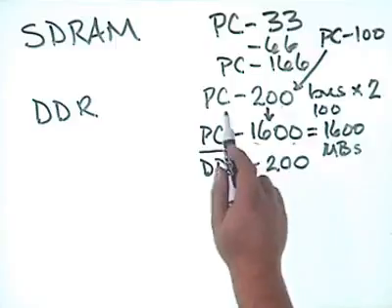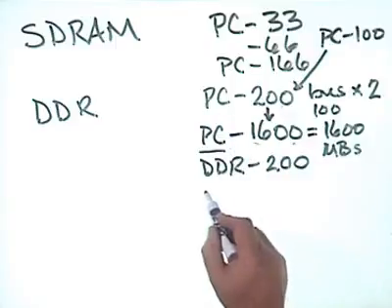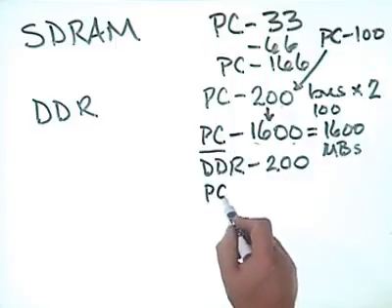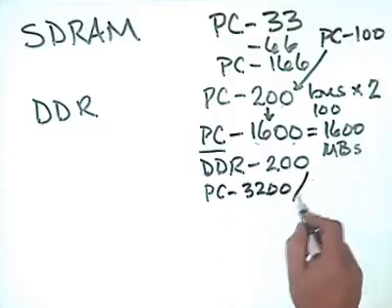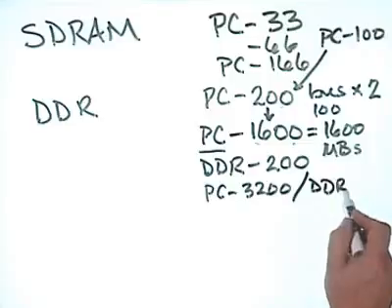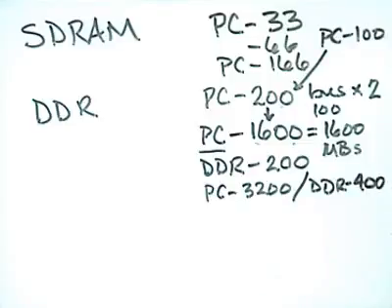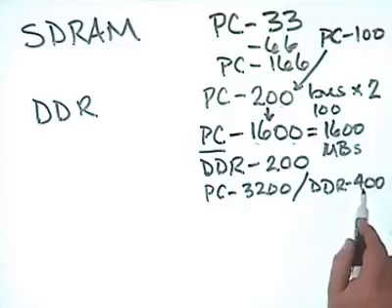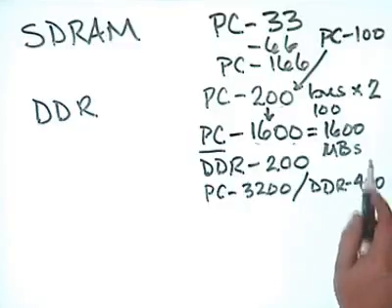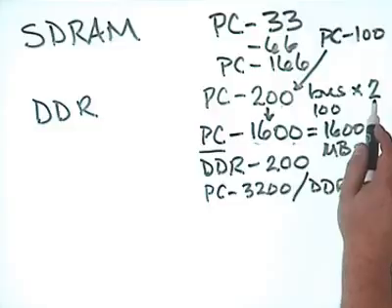Newer memory modules will not use this older style, so for instance, you may see a PC 3200 memory module, which also has a designation of DDR 400. Again, 3200 identifying the bandwidth, whereas DDR 400 identifying the bus speed multiplied by 2.